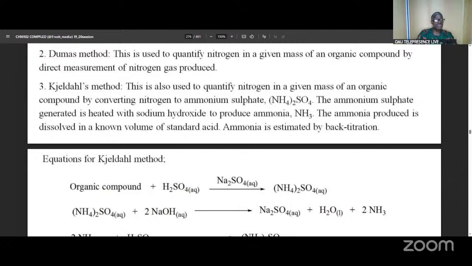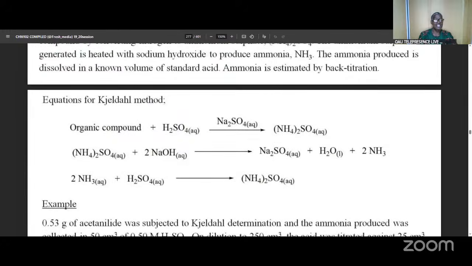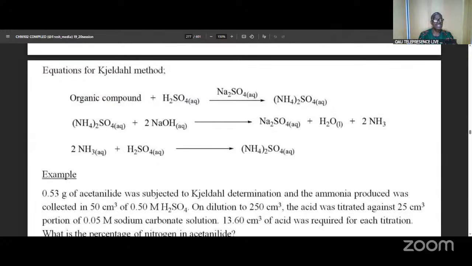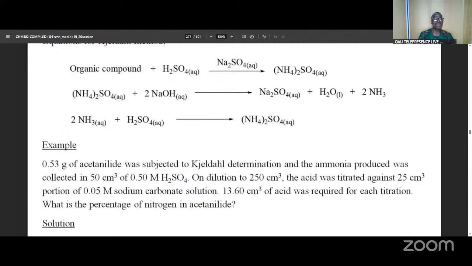The ammonia produced is dissolved in a known volume of standard acid, and the ammonia is estimated by back titration. And the following equations describe what the Kjeldahl method is about in quantifying the amount of nitrogen in an organic compound.